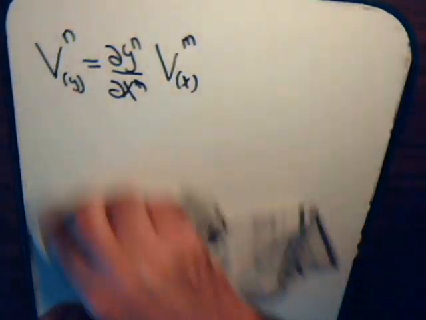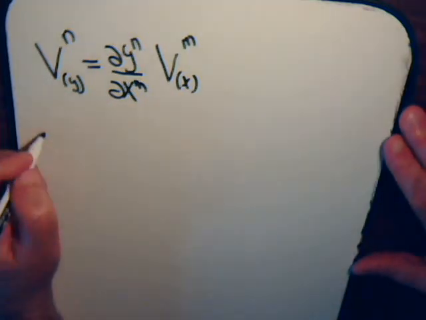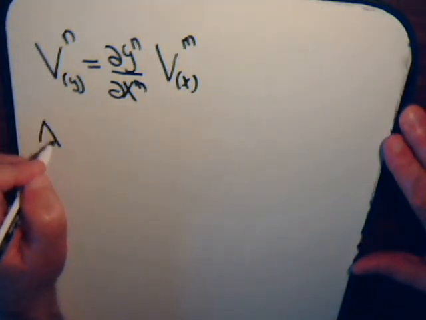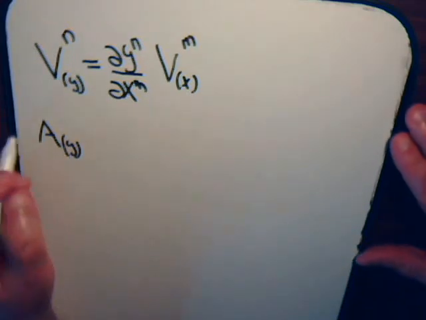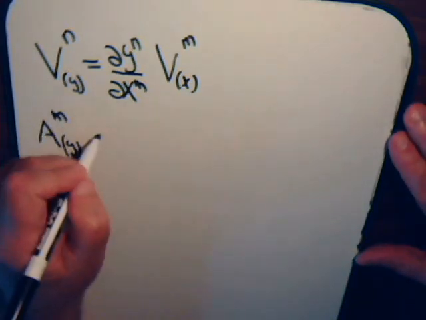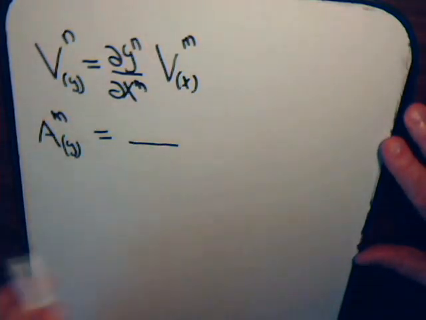we considered in general two types of contravariant vectors. We said, suppose we have a vector A, and this is a contravariant vector, which means it would transform something like this.